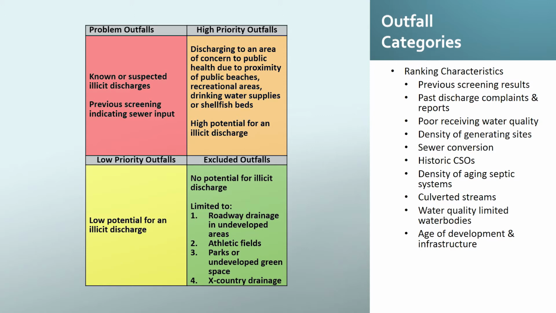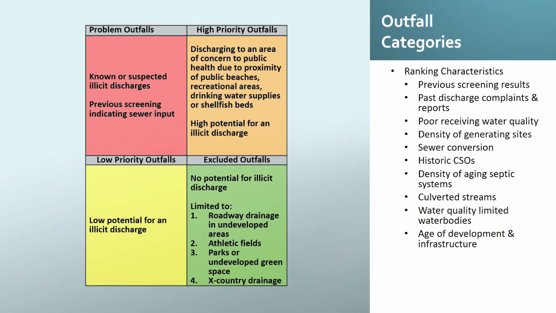Is this whole development new and is the system tight, versus, oh, this is an older area where we have leaky pipes, we have leaky storm sewers, they're built in the same trench right next to each other. These are all characteristics that you need to look at so that you can prioritize your outfalls. So the 4 different categories are problem outfalls.